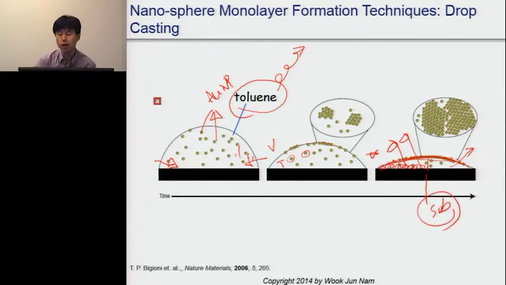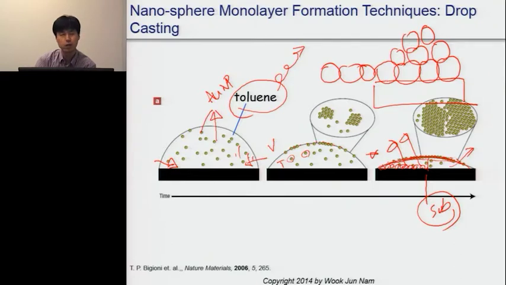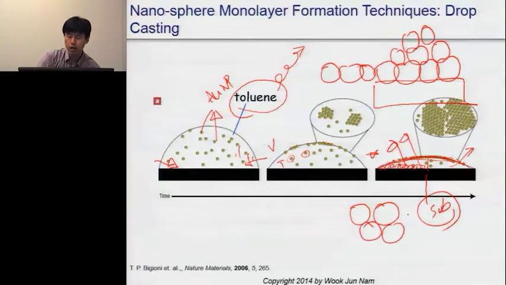So this is one of the three ways people use to make a single monolayer of nanospheres on a substrate. But if we have multiple layers in one area and a monolayer in another, randomly mixed, then we cannot make highly ordered structures like this.